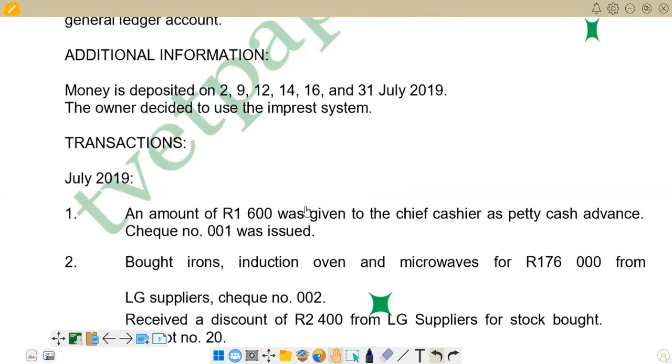It says that this money is being paid to the petty cash, to the chief cashier. So what does it mean? It means this is a payment that is being made, so this is going to affect the cash payments journal. So we are going to the cash payments journal and enter this 1,600.